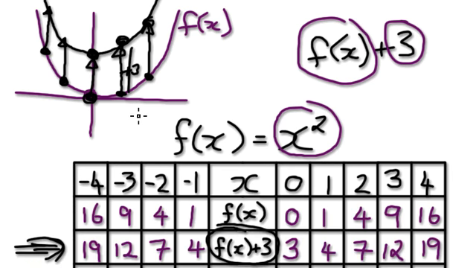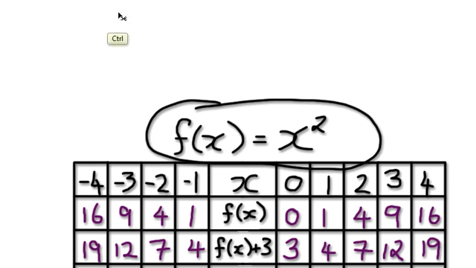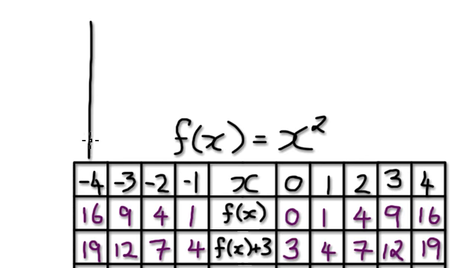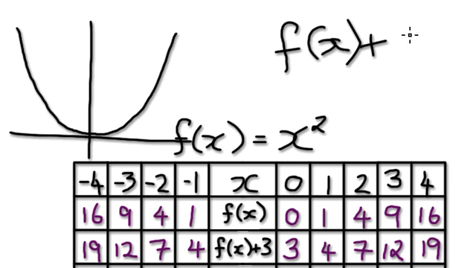So what I'm trying to illustrate to you here is that when you're told a function equals this, you sketch it, and it will look like this. It will be a quadratic like this. But now if you have f of x, let's say plus 5, then the old one gets shifted up by 5. So everything gets shifted up by 5.